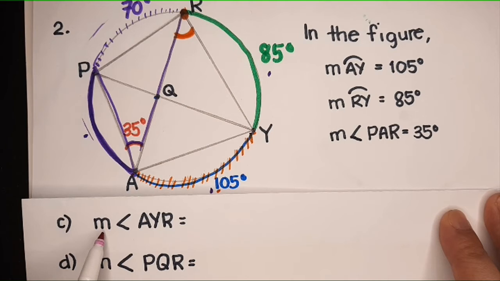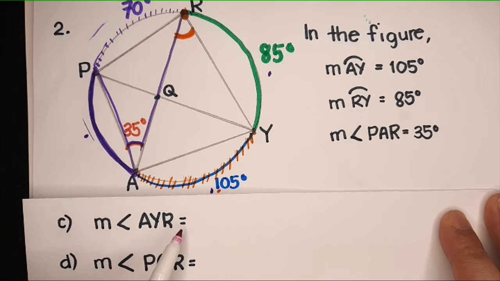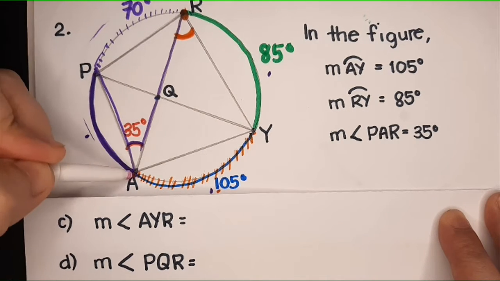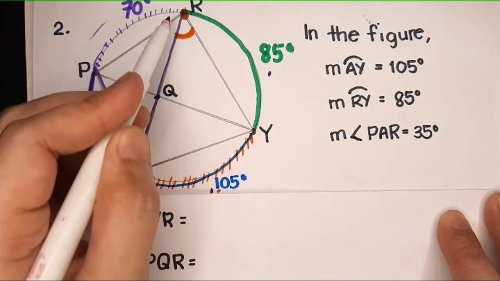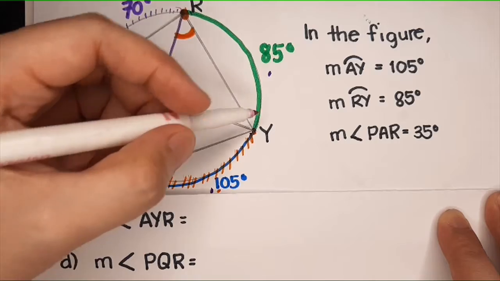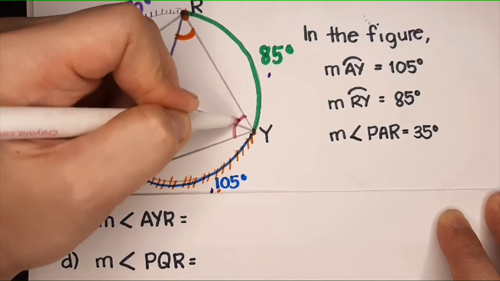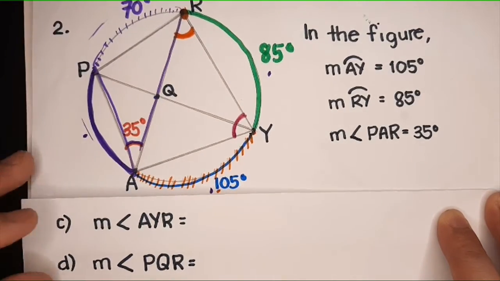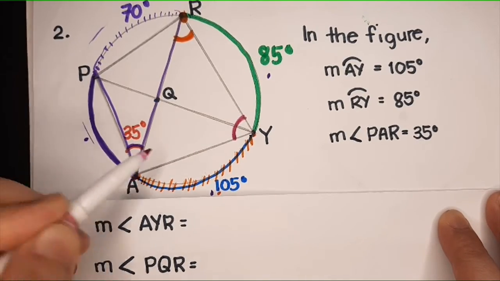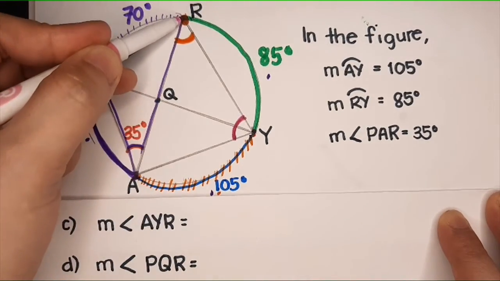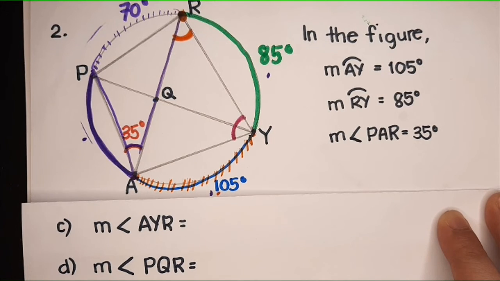Okay, last two questions. Okay, let's get the measure of angle AYR. Where is that? AYR. Okay, so this angle. We're going to get the measure of that angle. So, angle AYR is an inscribed angle.